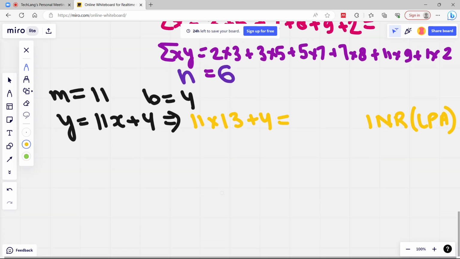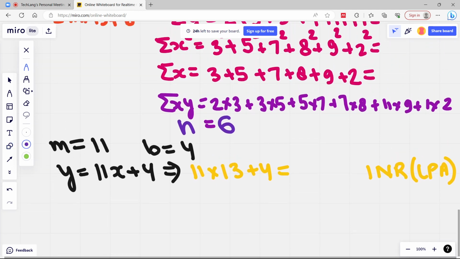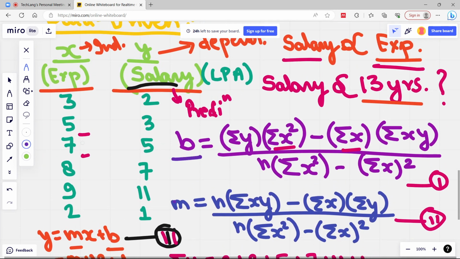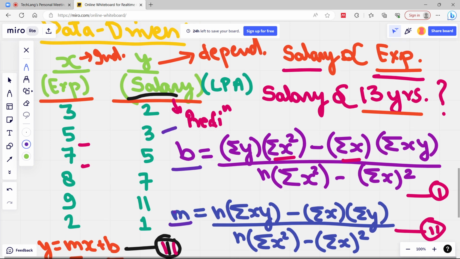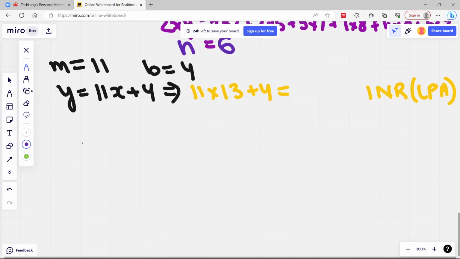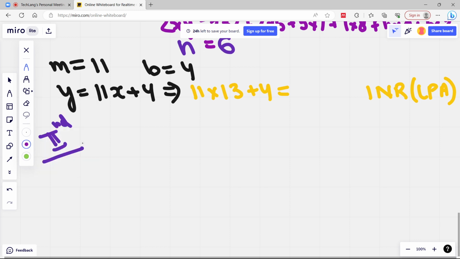Now let me write, this is the first formula we are going to use to find the value of m and b. This is the first way. There is another way to calculate the value of m and b. The second method: m would be calculated by r times Sx upon Sy.